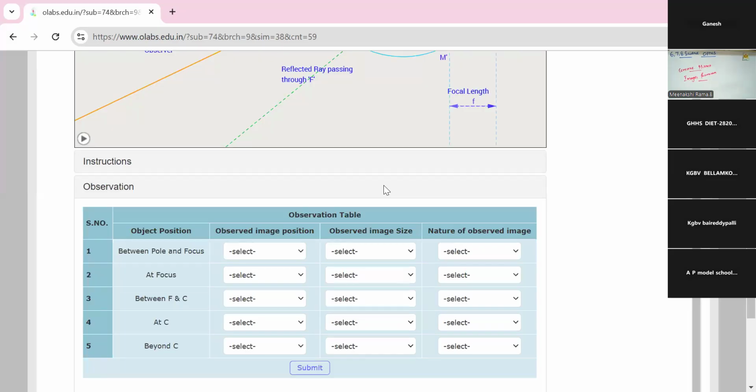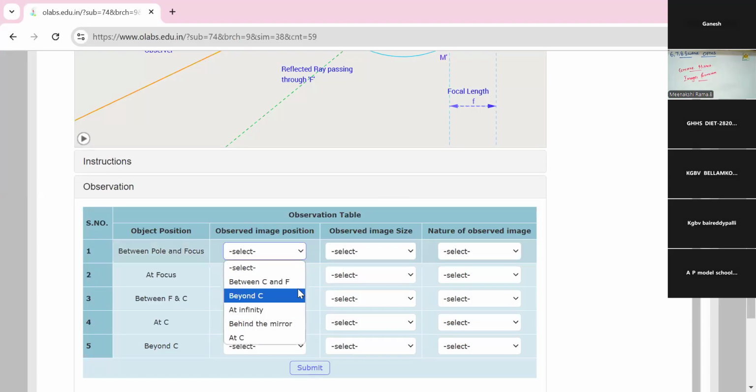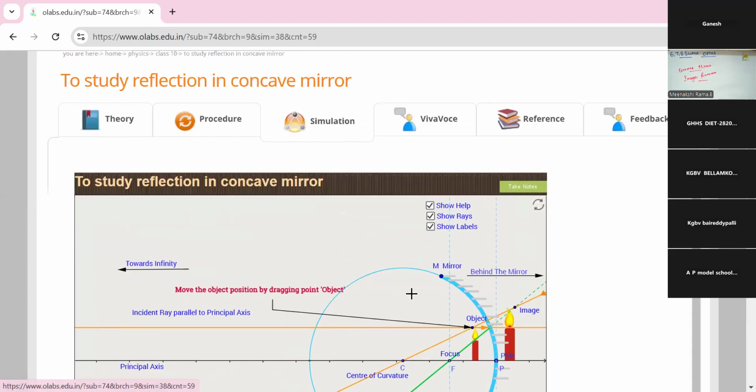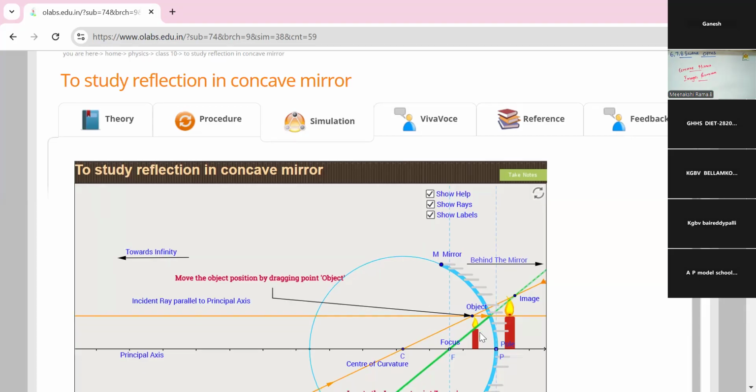The options for position are between C and F, beyond C, infinity, behind the mirror, and at C. Where is it? Yes, it is behind the mirror. How is the size? It is a large size, which is called magnified. How is the image? Yes, it is virtual and erect.